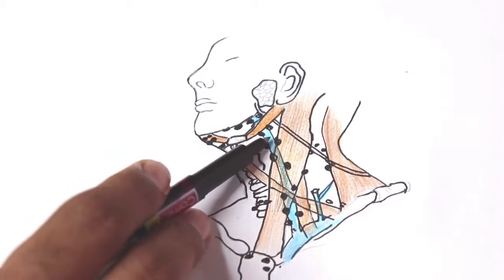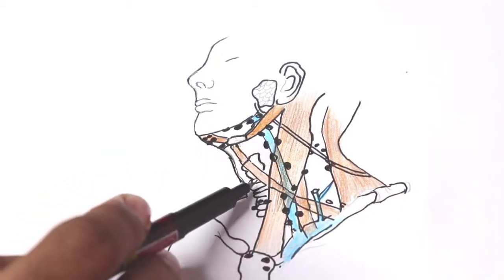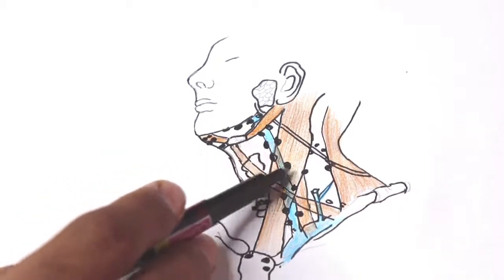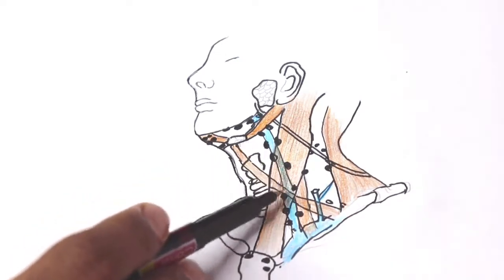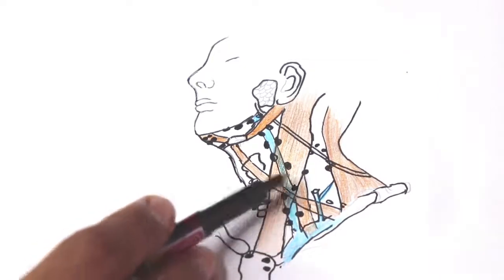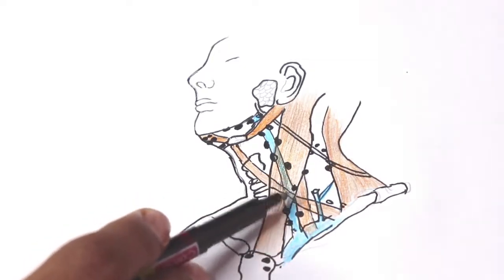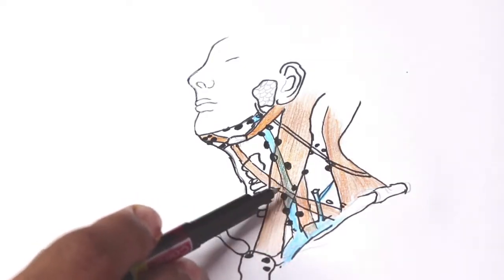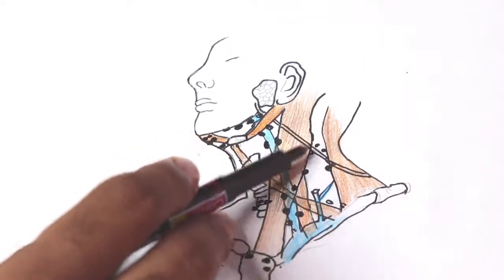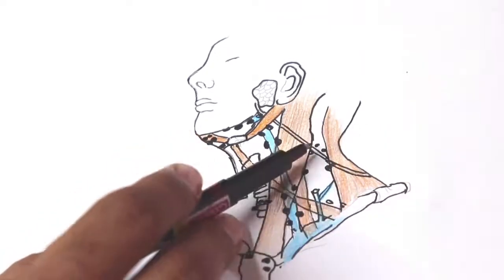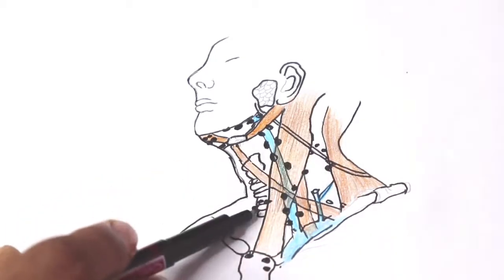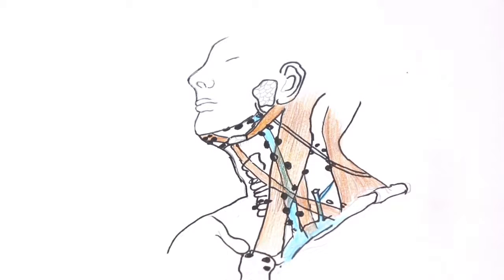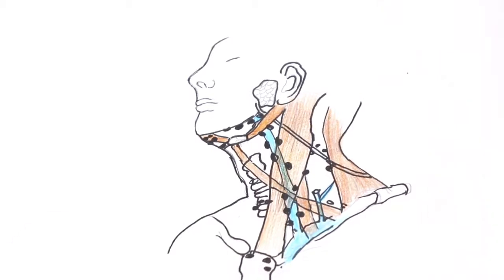From the inferior border of the hyoid bone till the inferior border of the cricoid, the mid one third of the jugular, is level 3, and the rest below that is level 4, and level 5 is posterior triangle nodes, level 6 anterior compartment nodes, and level 7 mediastinal nodes. So this is all about the levels of neck nodes.